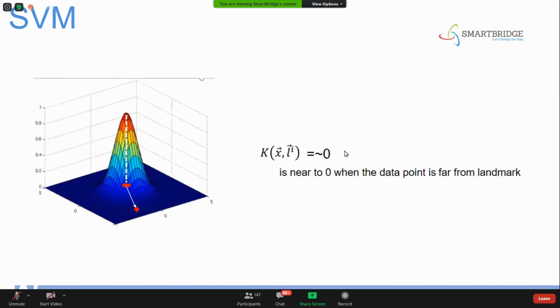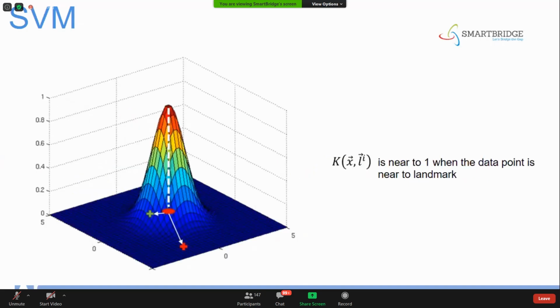Whenever that value is near to 0, that means the point is far from the landmark. If the k is 1, then that point is near to the landmark.